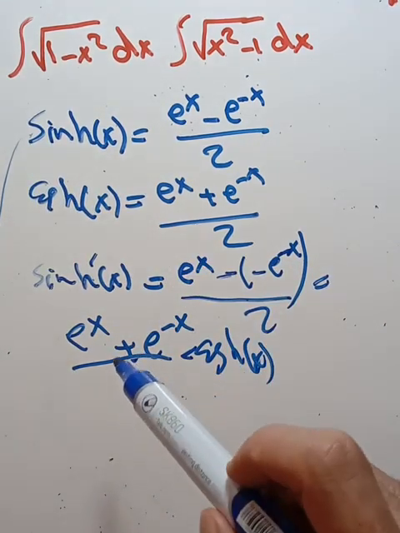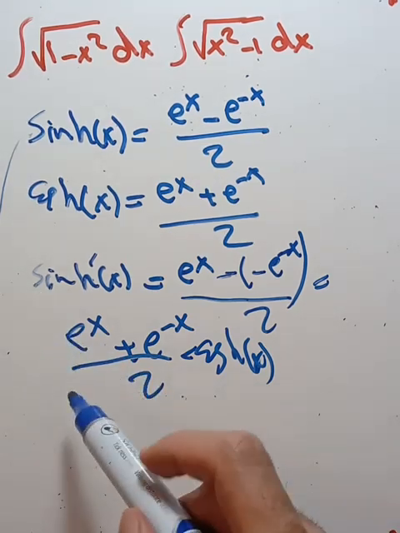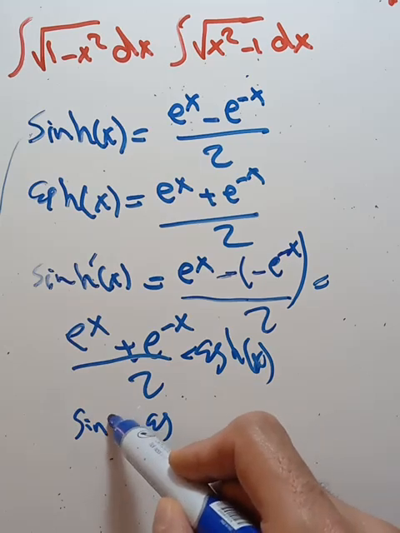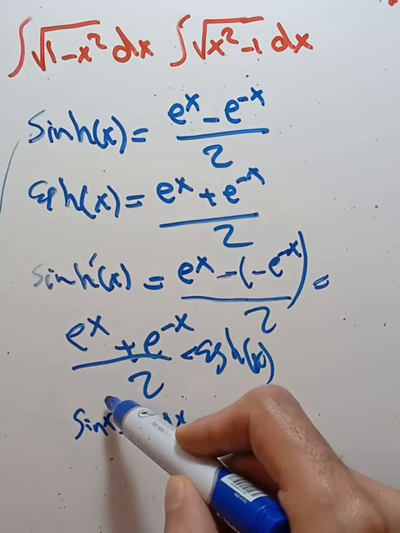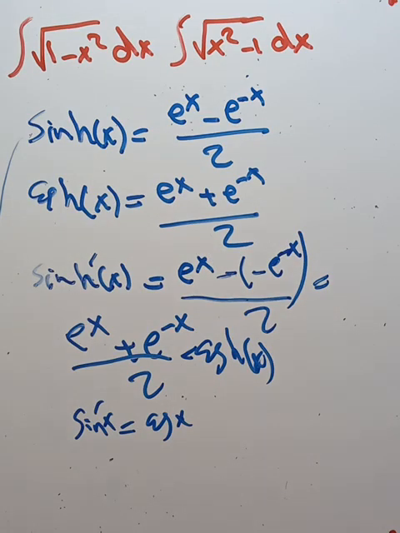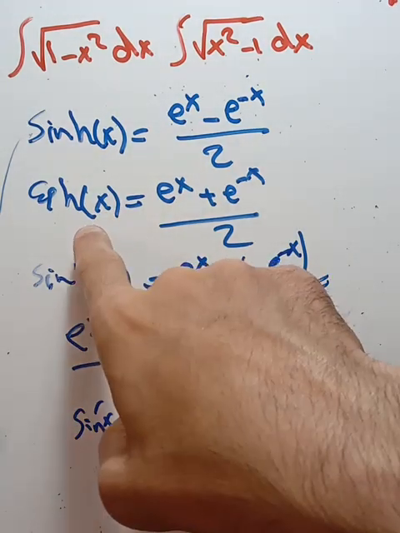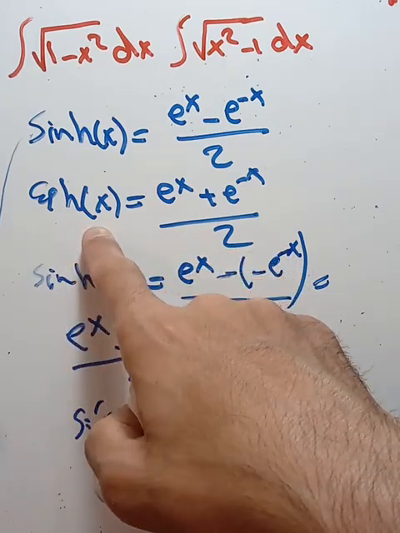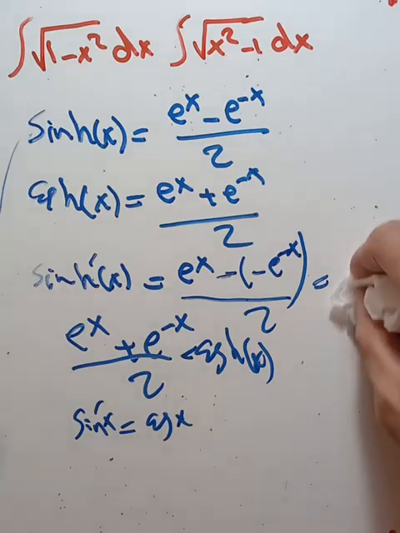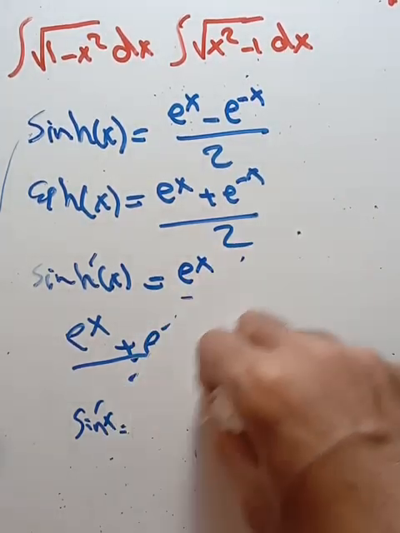But you know, the derivative of the original sine of x equals cosine of x. And this is one similarity. Also, the derivative of cosine hyperbolic equals sine hyperbolic. Now you could derive it, it's easy.